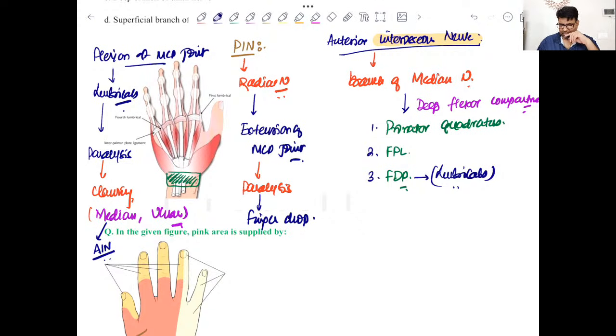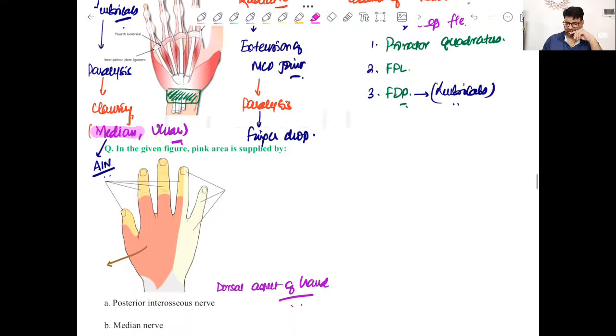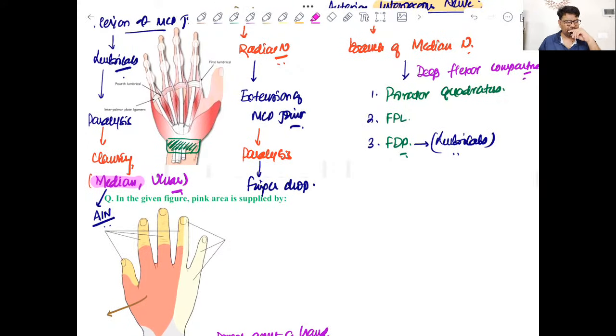So many times, rather than specifically mentioning anterior interosseous nerve, we talk about median nerve. For discussion, we never go that specific like AIN. We always take the parent nerve, that is the median nerve, right? So that is in short about AIN.